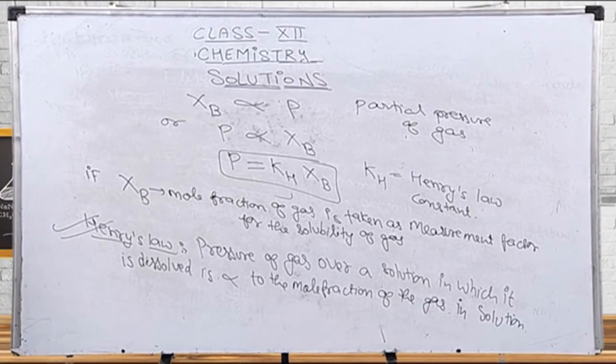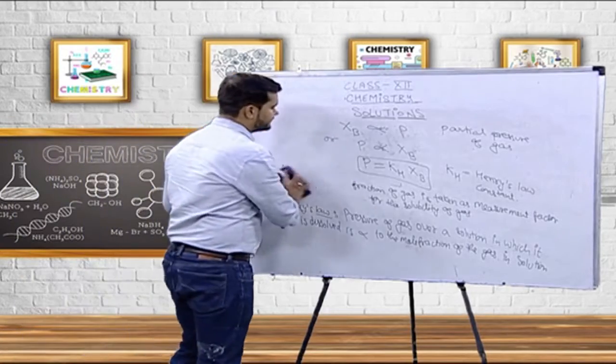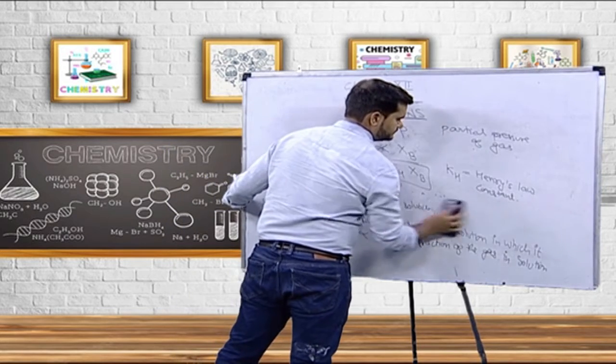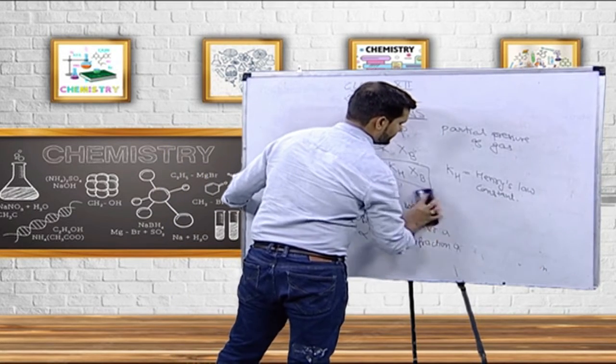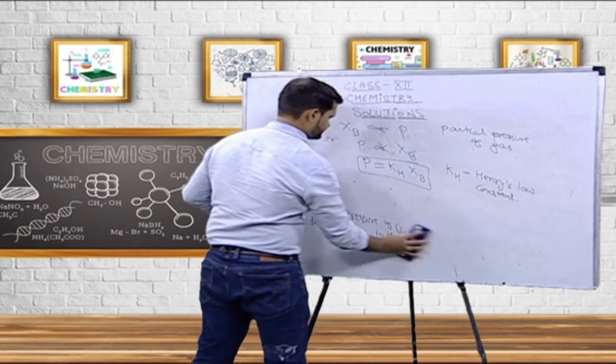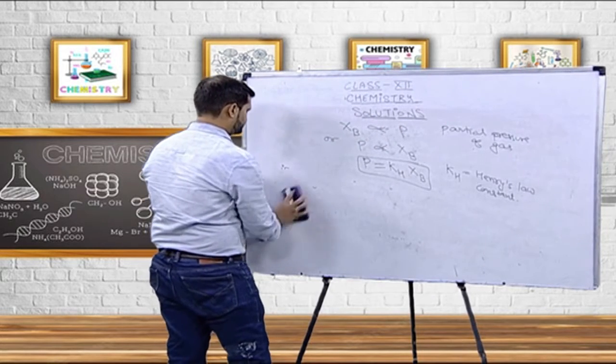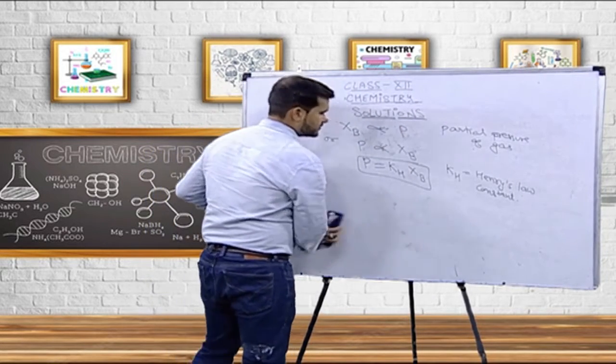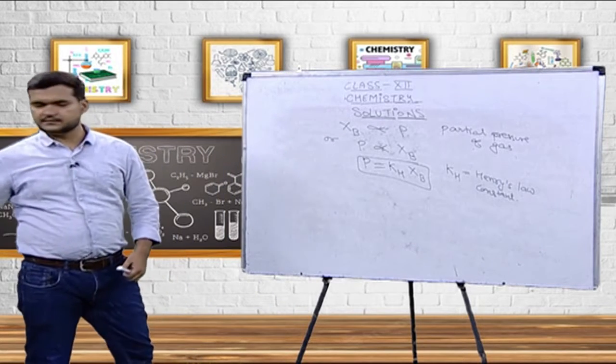Okay. Now, what is the significance of KH? What is the significance of this Henry's law constant?